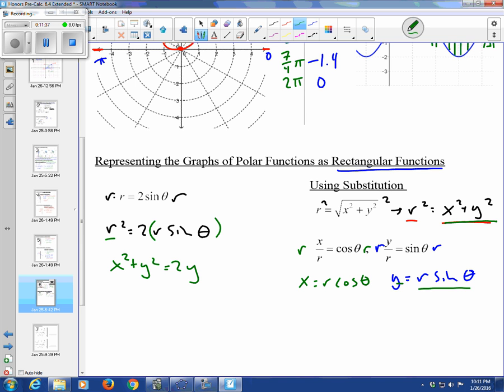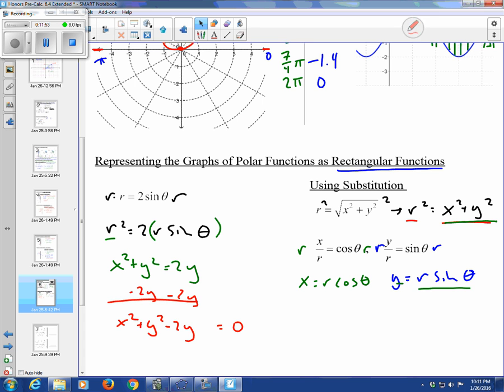Now, at this point, this doesn't look much like the equation for a circle that we recognize, but we can do some algebraic manipulation and get it there. If we subtract 2y from both sides, we get x squared plus y squared minus 2y equals 0.